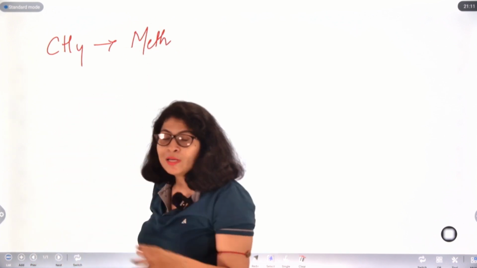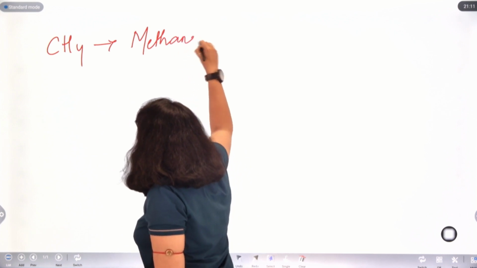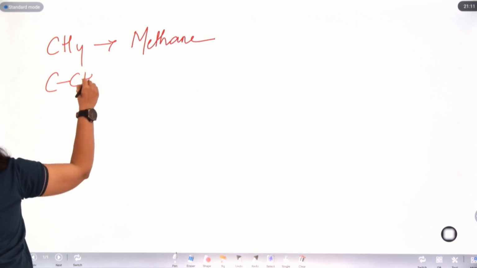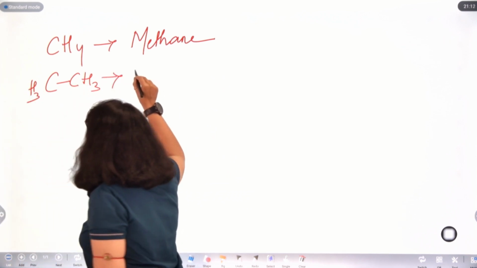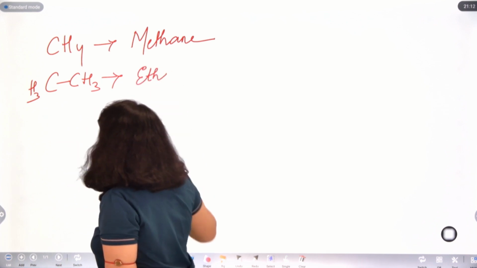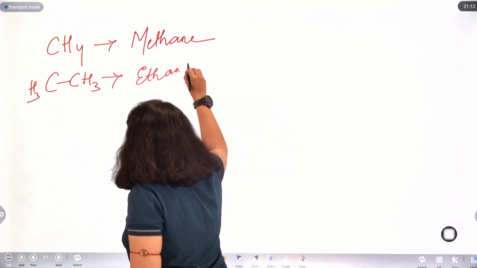And it is only and only formed by single bonds. Therefore, methane. Now if I see 2 carbon atoms bonded, CH3, CH3, it gets the word root eth. And obviously single bond, that's why ethane.